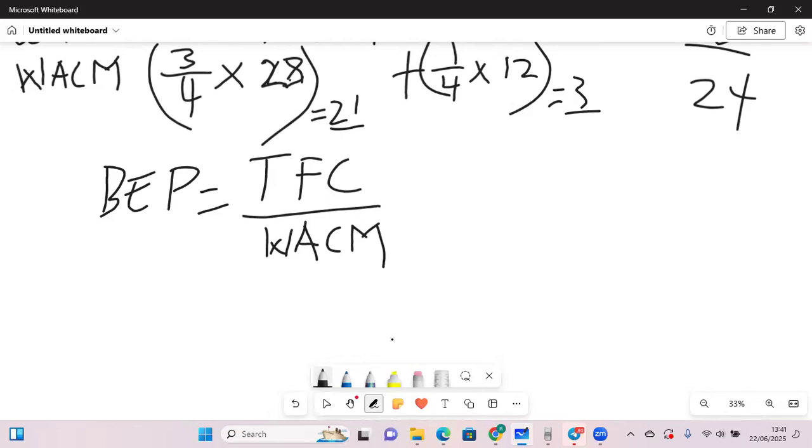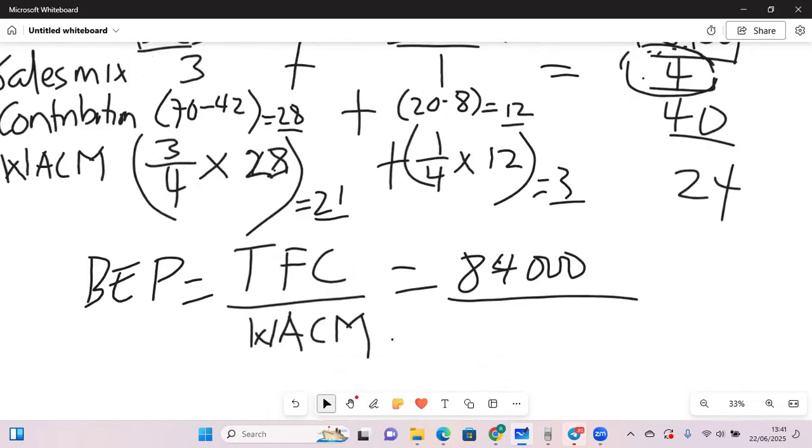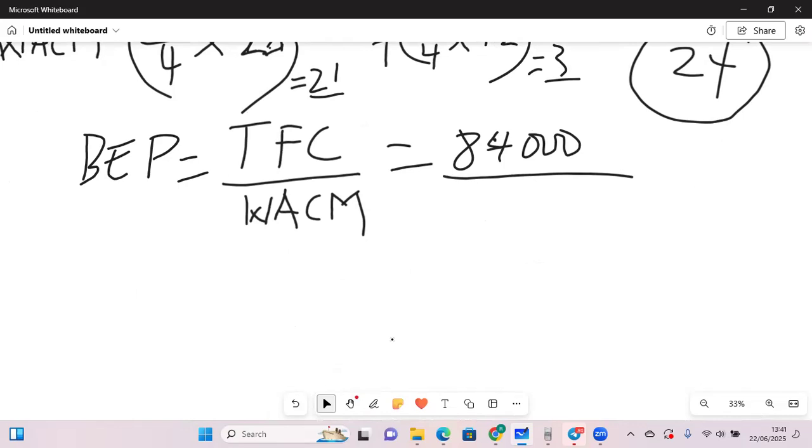The total fixed cost didn't increase, so it remained the same, 84,000, all over the 24 that we have now.